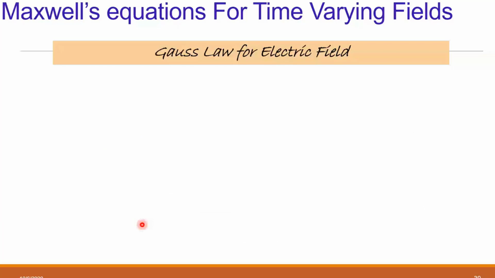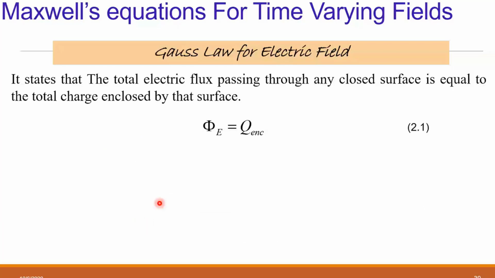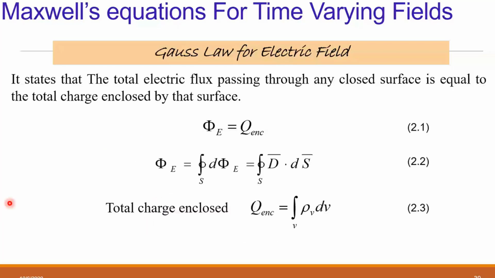So let us recall again the Gauss law for the electric field. Let us start the first Maxwell's equation. What does the Gauss law state? It states that the total electric flux passing through any closed surface is equal to the total charge enclosed by that surface. We have already seen this law, and it is valid for both steady state fields and time varying fields also.